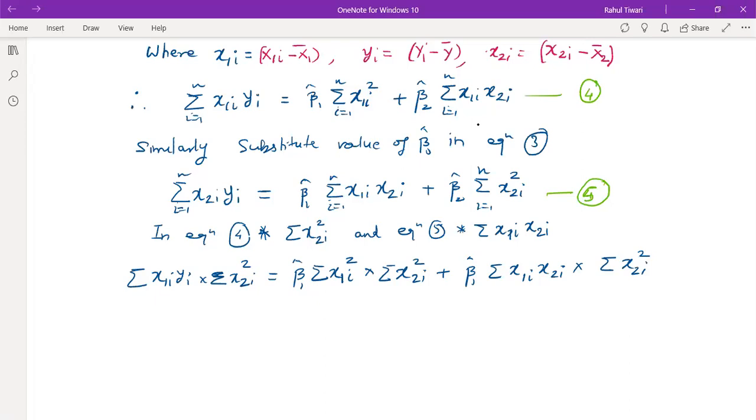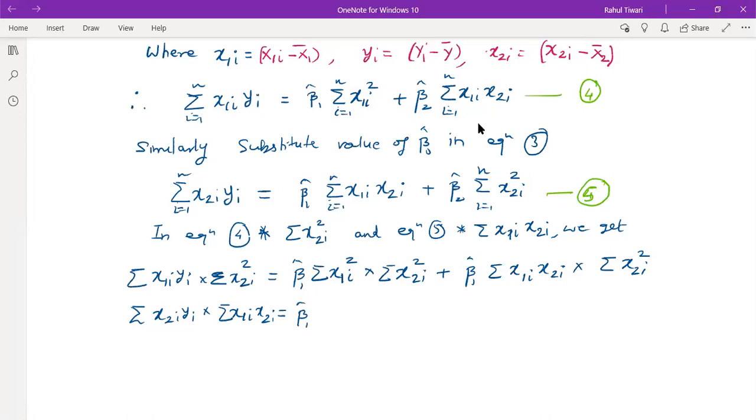Now you multiply equation number 5 by this quantity. We get summation x2I yi into summation x1I x2I, and this is beta 1 hat, and you can see this is the summation x1I and x2I.